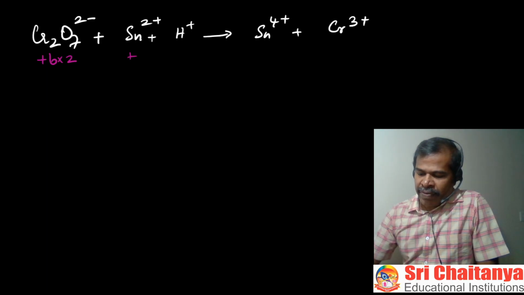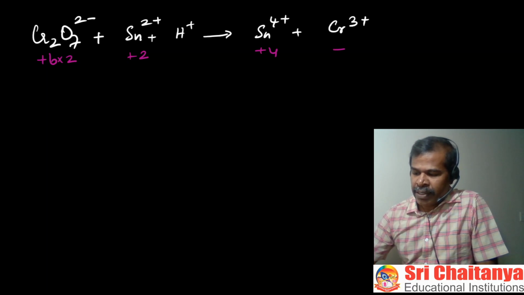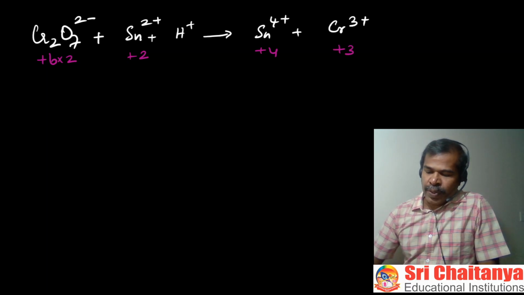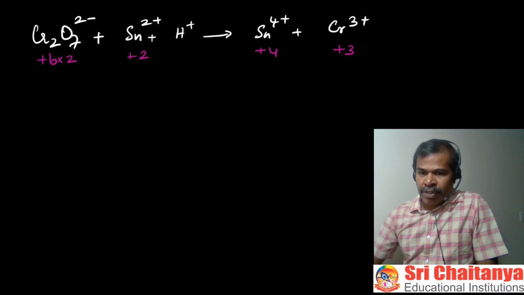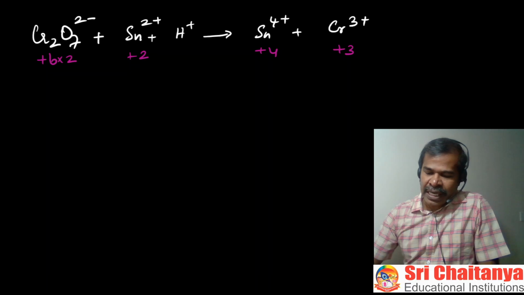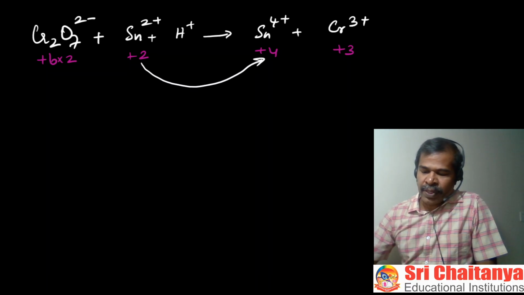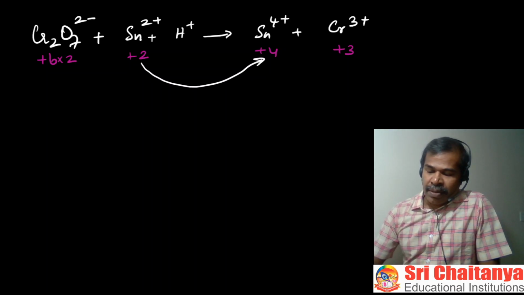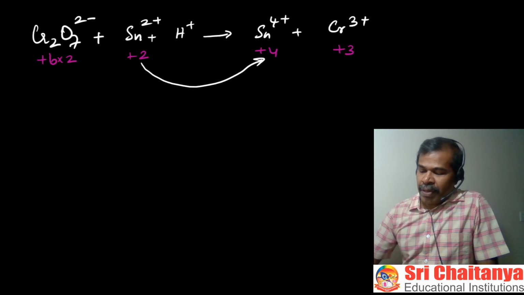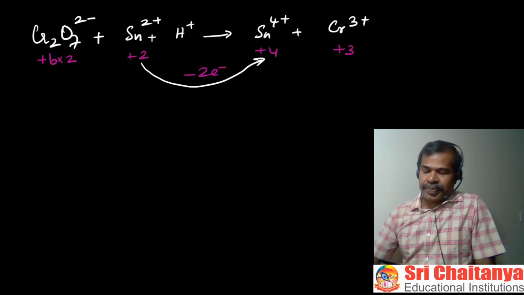And this is plus 2, plus 4, and this is plus 3. So there is one tin, plus 2 changing to plus 4, and the number of electrons transferred here is losing 2 electrons. So minus 2 electrons here.